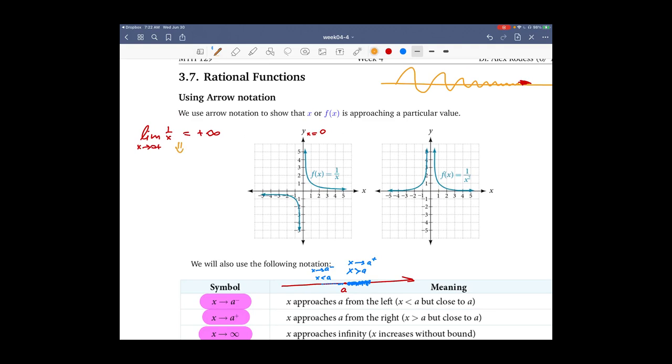Already this implies that x equals 0, which is the y-axis, is a vertical asymptote of 1 over x.